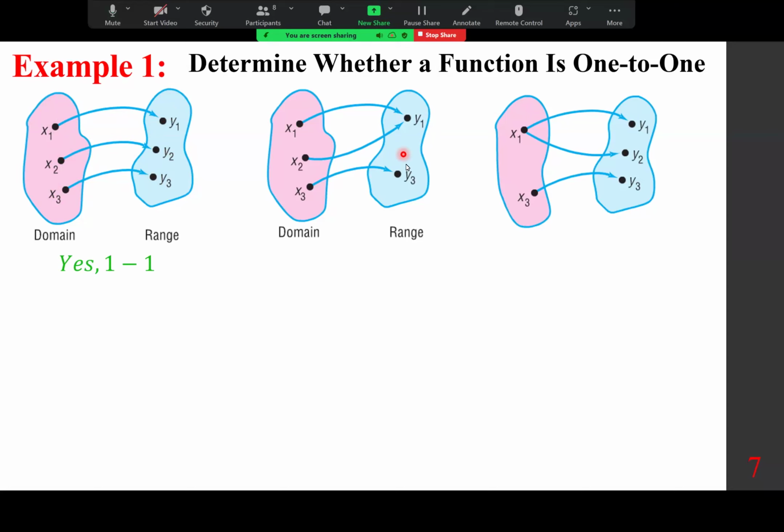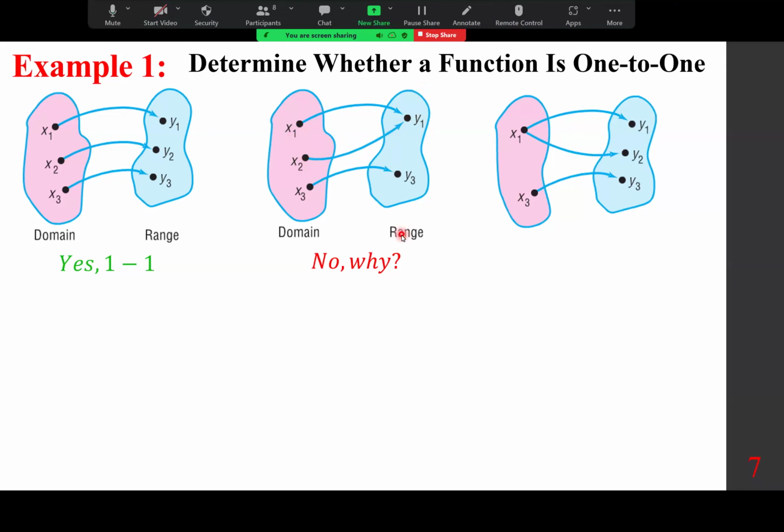For this one, the answer is no. Why is that? Because x sub 1 corresponds to y sub 1. Also, x sub 2 corresponds to y sub 1. In essence, the range is being repeated.